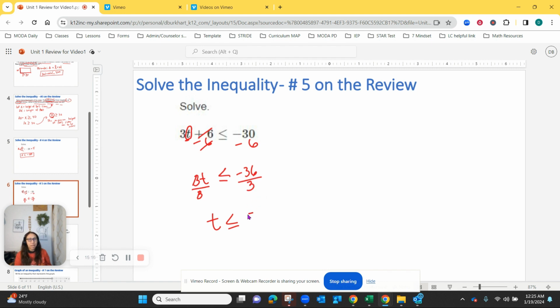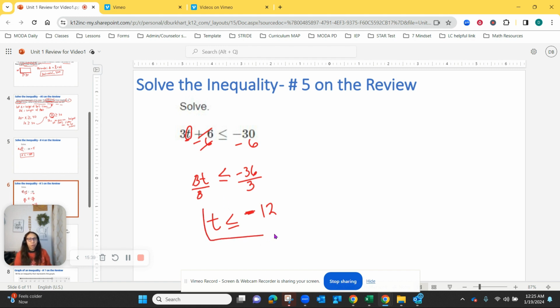3 goes into 36 12 times, but you have to keep that negative sign, just like your multiplication rule of integers. When you have a negative times a positive, you get a negative. Same thing with dividing. When you are dividing a negative number by a positive number, you still have to keep that negative sign. So it would be negative 12.